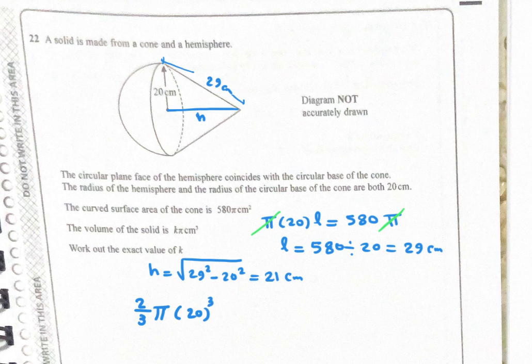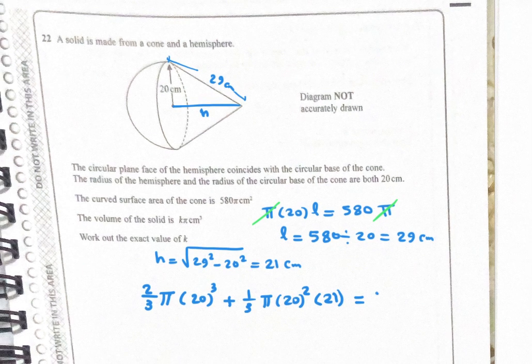This is the volume of the hemisphere, plus the volume of the cone, 1 over 3 pi r squared, so 20 squared, times the height, which is 21, equals 24,400 over 3 pi. So k equals 24,400 over 3.